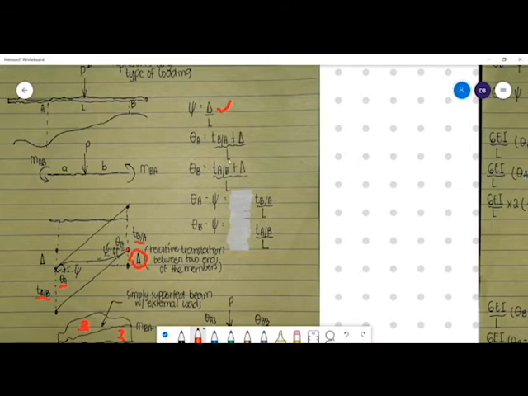Theta B is equal to the tangential deviation of A with respect to B plus delta, over the length. So we are able to derive that theta A minus psi is equal to the tangential deviation of B with respect to A over the length, and theta B minus psi is equal to the tangential deviation of A with respect to B over the length.